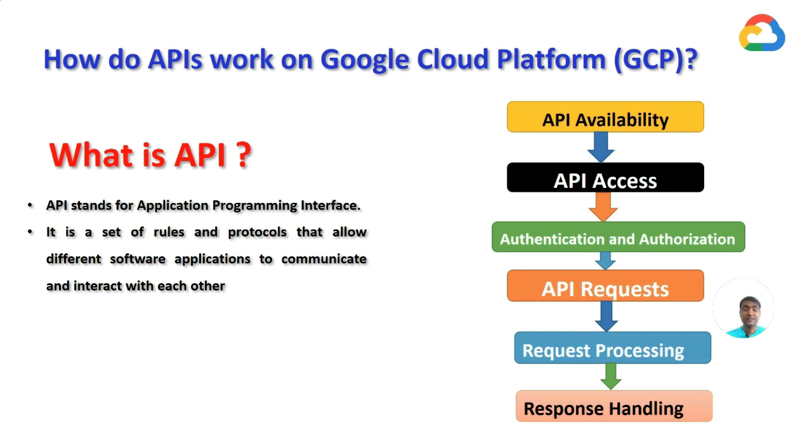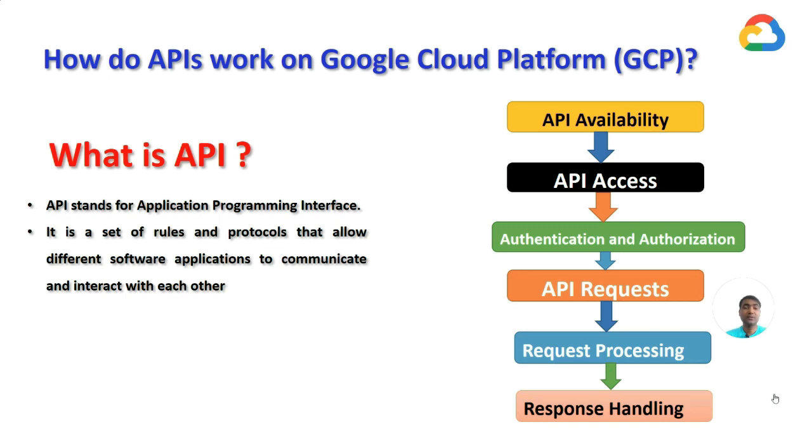API access in GCP requires proper authentication and authorization. GCP uses OAuth authentication, which involves obtaining access tokens that prove the identity of the requester. I'll show you in the lab so that you can better understand how to authenticate with OAuth.